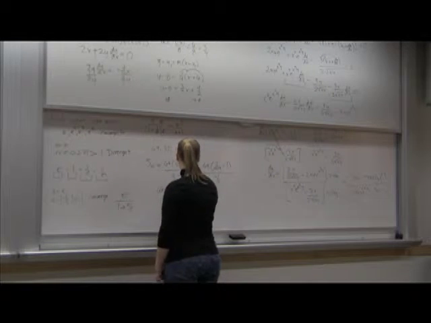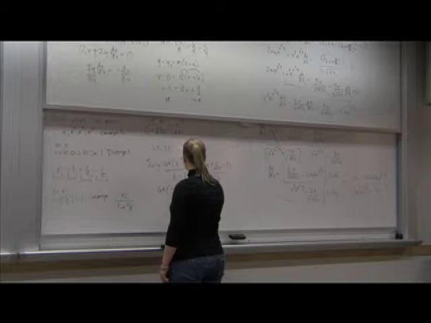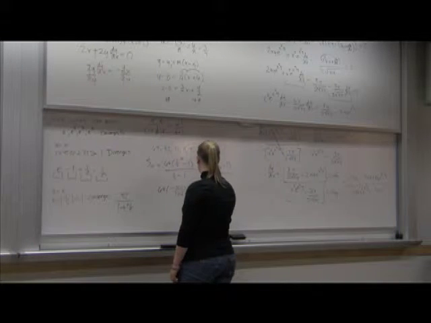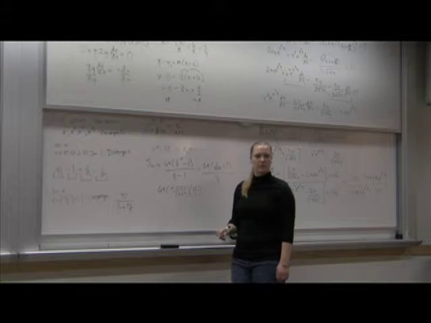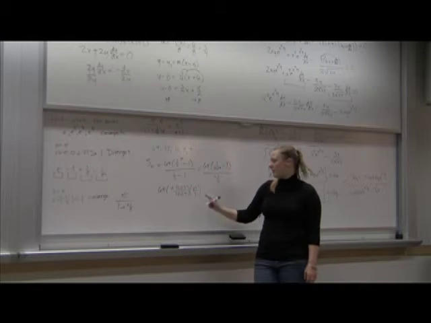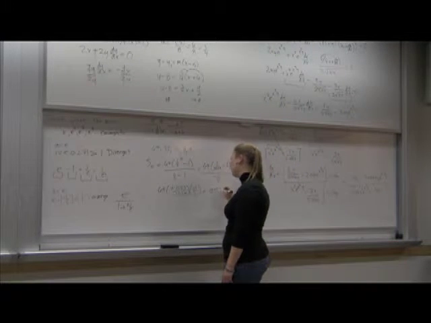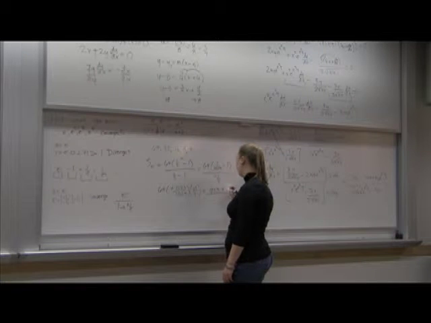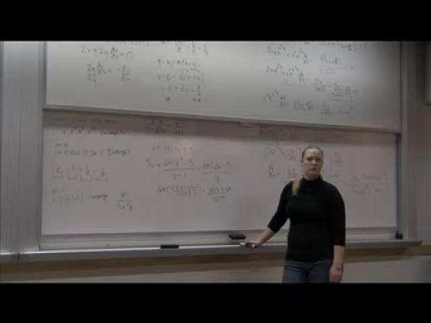64 times 1 minus 1023 over 1024, over 1 minus 2, or negative 1. Is that okay? And then you would just reduce, but I didn't bring my calculator, which I really should have. What's 1024 divided by 64 divided by 2?